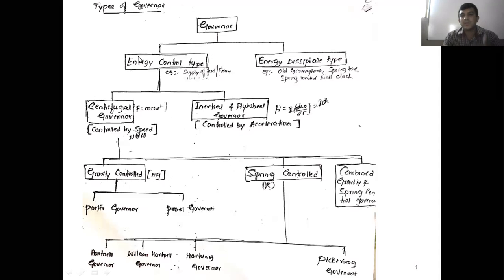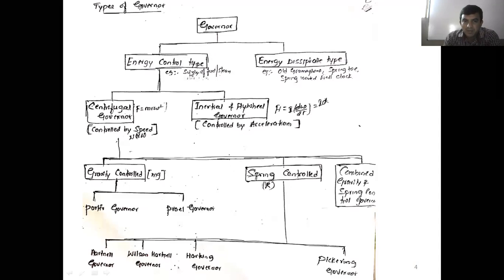Energy controlled type: as we saw in the previous slide, you are going to supply the fuel, or the steam, or the water to the turbine. You control the energy by supplying the quantity of working substance or the quantity of the source. That is called the energy controlled type.